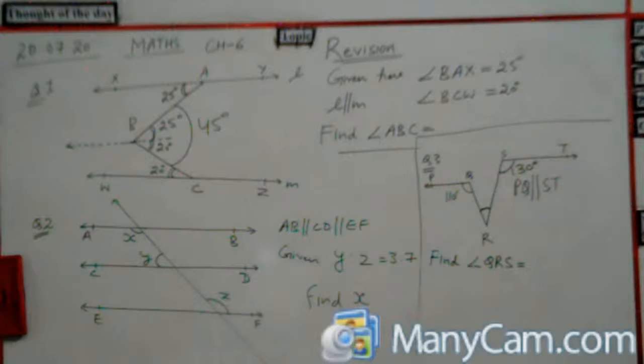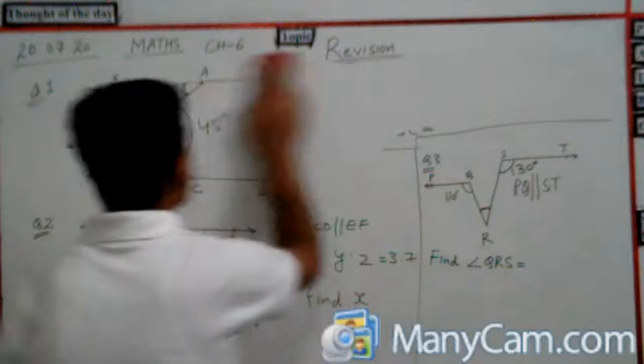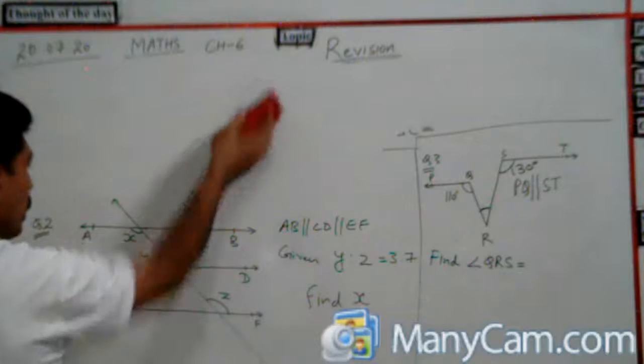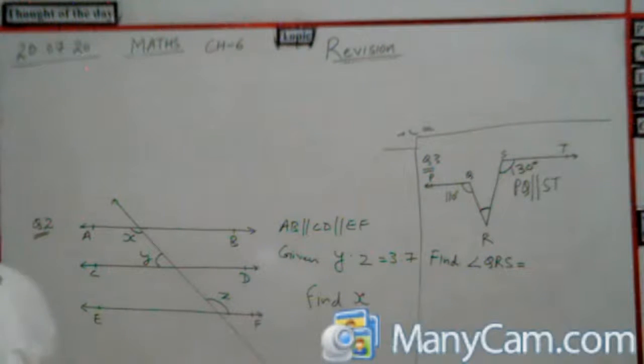So next question, question number 2. Let me erase. Question number 2, here 3 lines are parallel to each other. I thought you were asking about the obtuse angle.